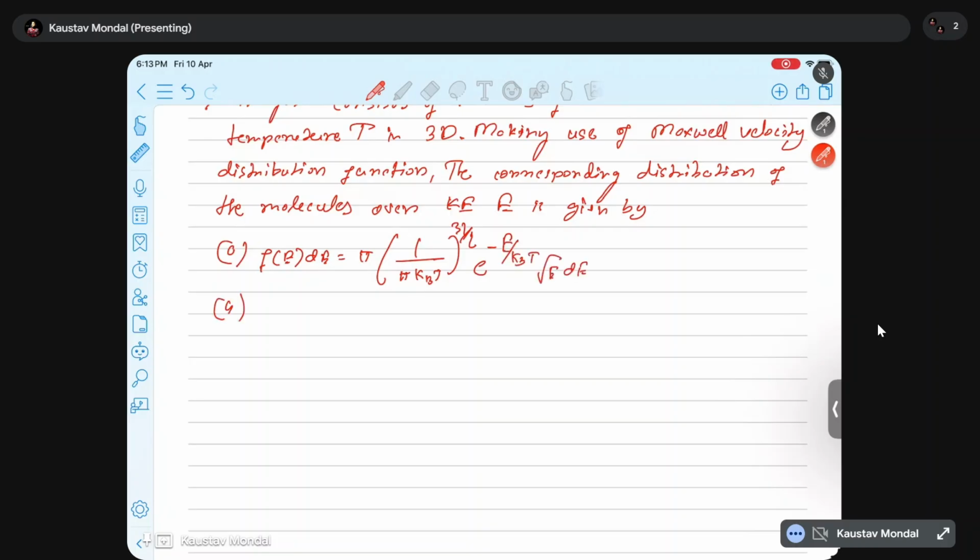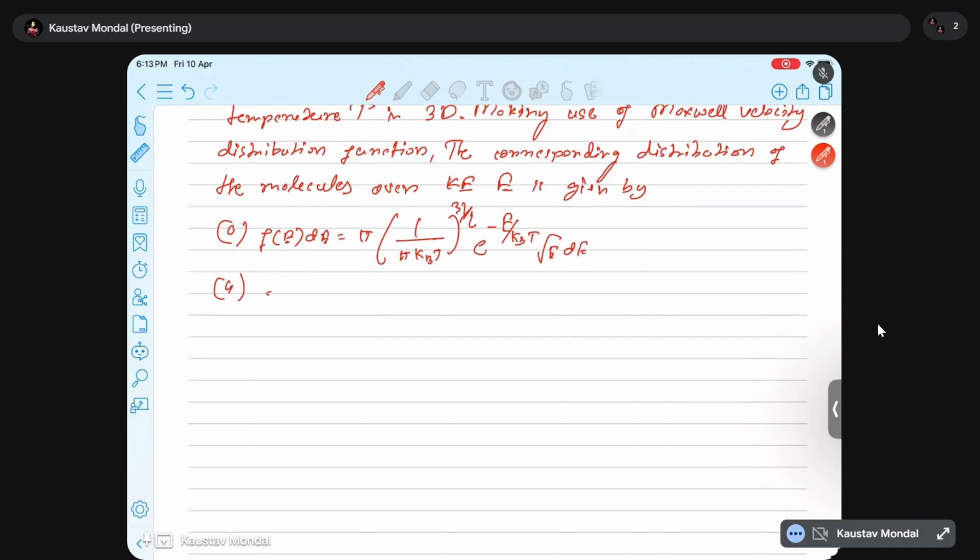Option B is 2 pi, 1 by pi kBT to the power 3 by 2, e to the power minus E by kBT, dE.